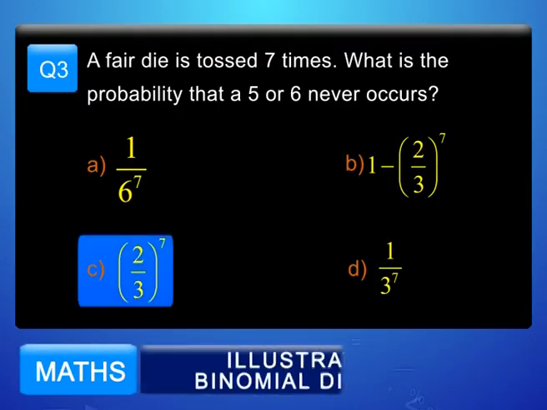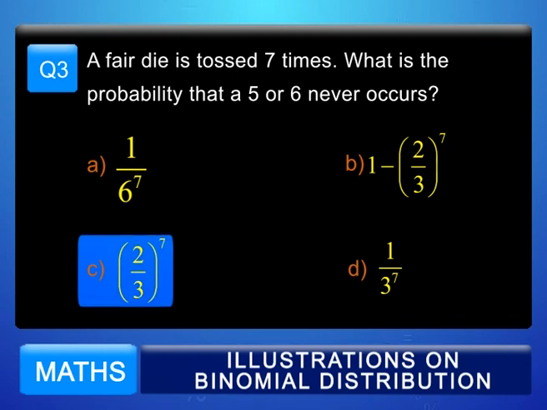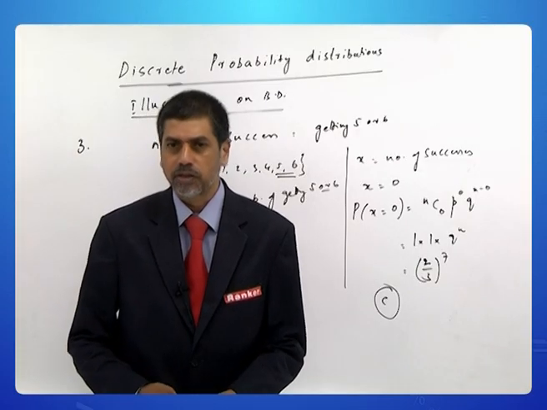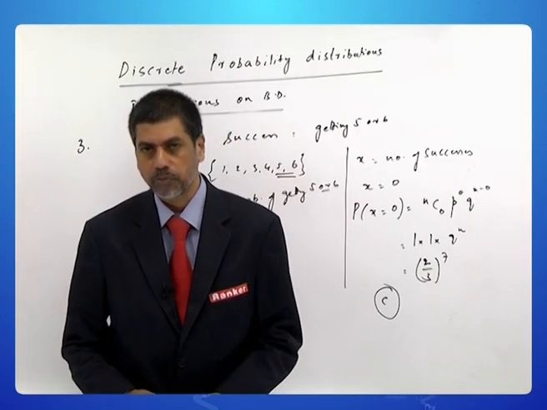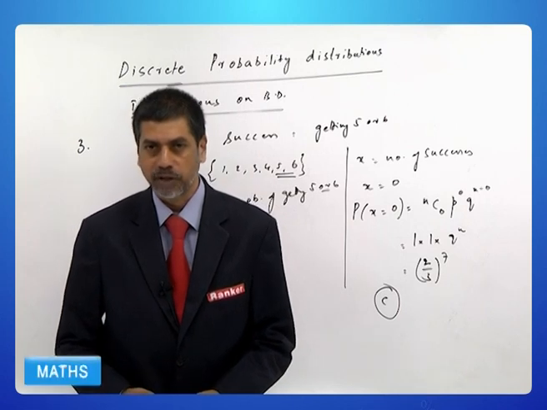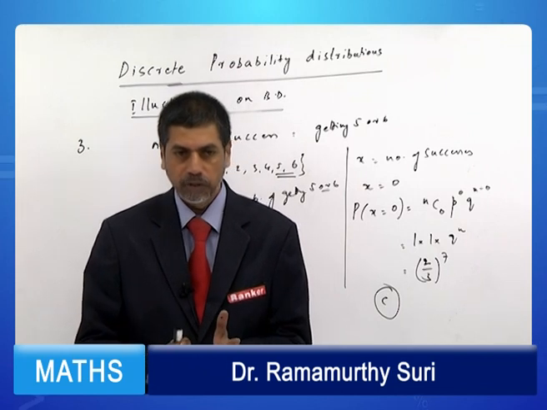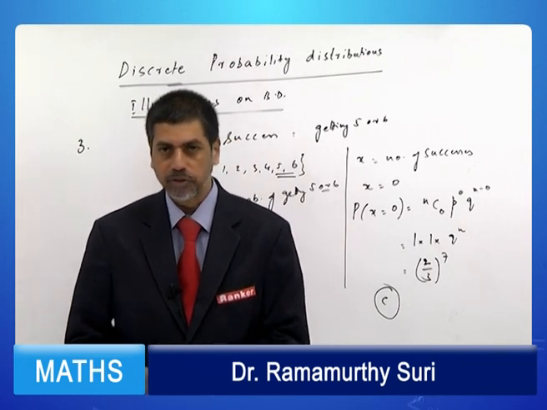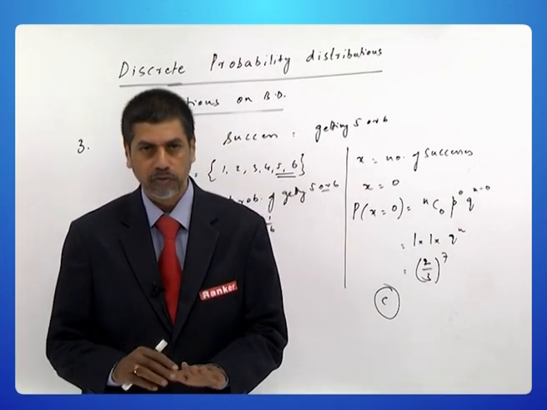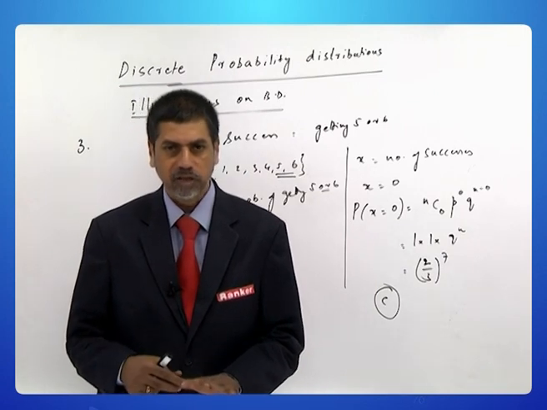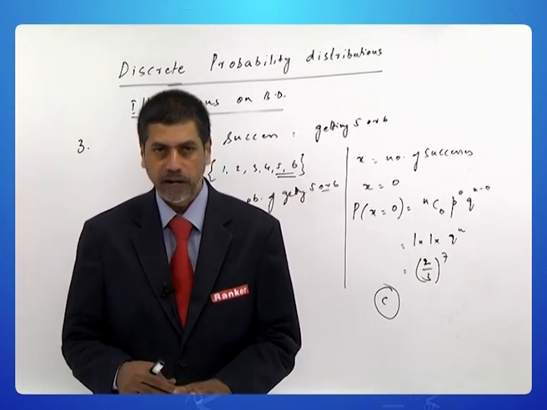You can see option C carries the answer. So this is a very simple demonstration of how the binomial probability law or the mass function can be applied. The only thing is the decision making, whether it's to be done binomially or with any other distribution. Conditions for binomial are favorable because n is only 7, not exceeding 30, and p is 1 by 3, which is not small.